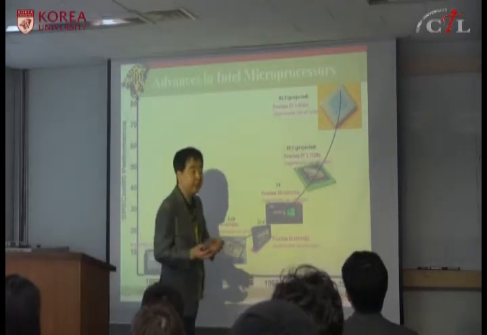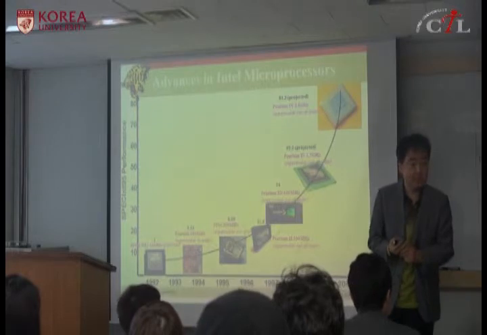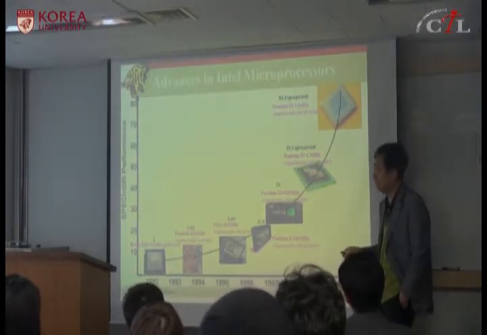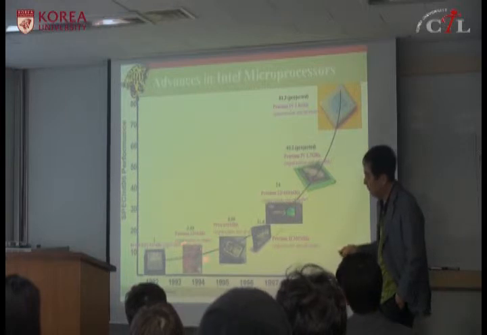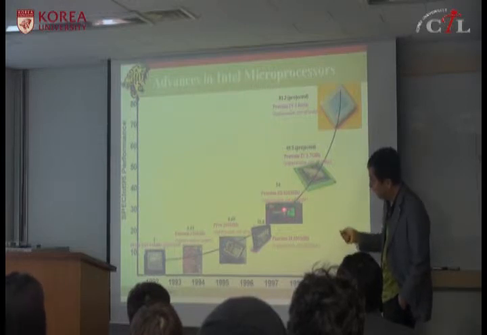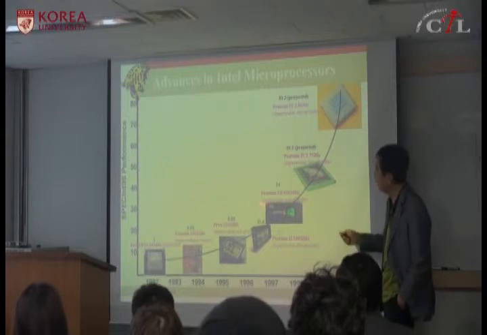Their pipelines are different, their caches are different, their branch predictors are different. It's called microarchitecture. And 486 is second generation, Pentium is third generation, and Pentium 2, Pentium 3, Pentium Pro, these are fourth generation, same design, same pipeline, same microarchitecture.